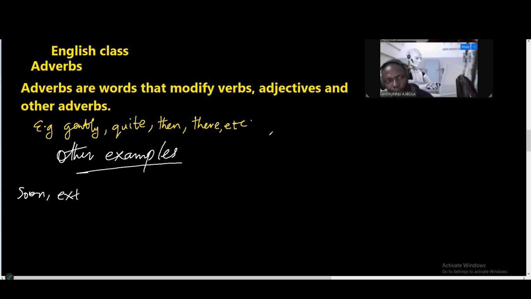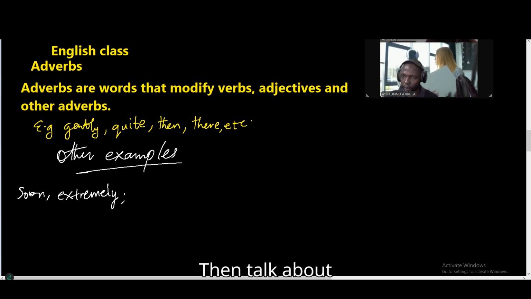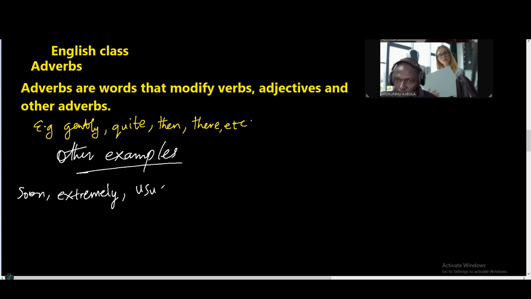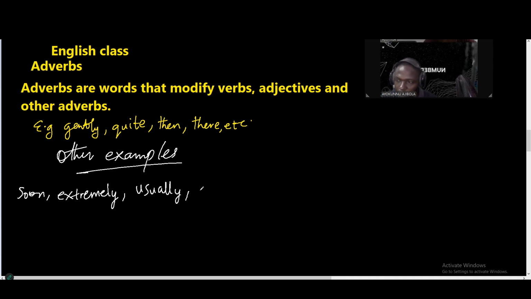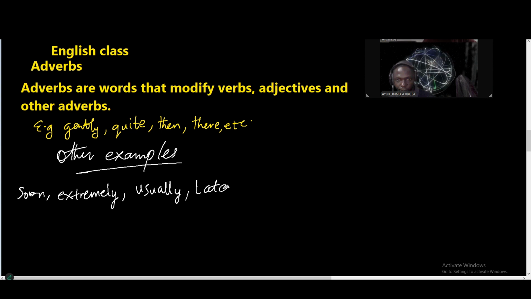So extremely, then we can talk about usually, later. Later is an adverb, already.